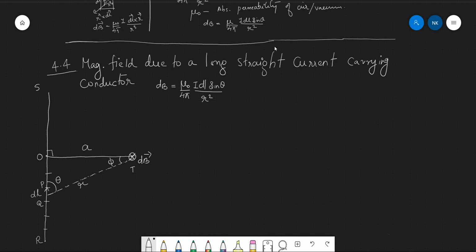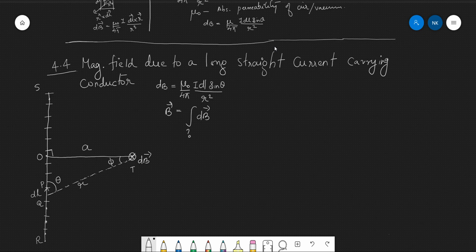Then we take the vector sum of the magnetic field due to this one plus this one plus this one, etc., up to this one, and we will get the resultant magnetic field B. So B is basically the integral of dB, isn't it?